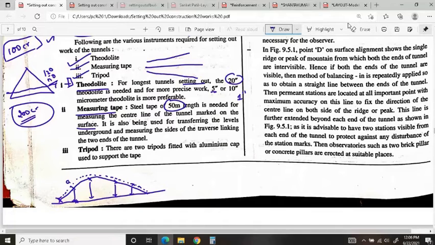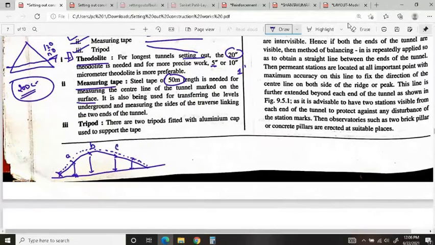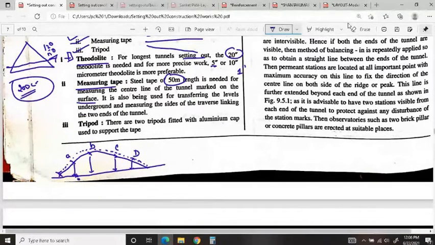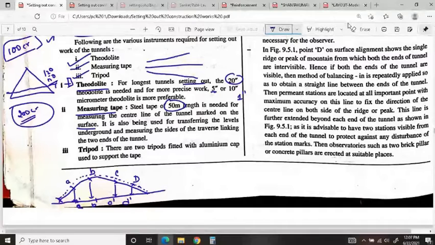Okay, if I call these A, B, C, D, then after excavation we will drop the control points, that is A dash, B dash, C dash, D dash. So it is also being used for transferring the levels underground, and measuring the sides of the traverse linking the two ends of the tunnels.